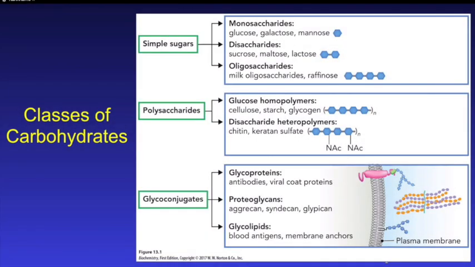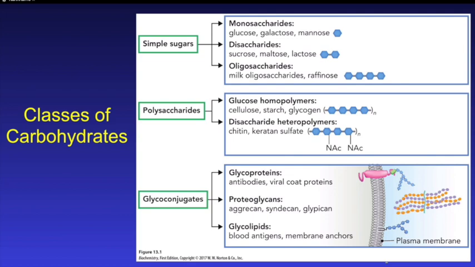Now, classes of carbohydrates. We've seen a couple of these: simple sugars, monosaccharides, disaccharides, and then something new called oligosaccharides, which are more than 2 but less than a very large number of saccharides. The number can be different depending on which books you look at.